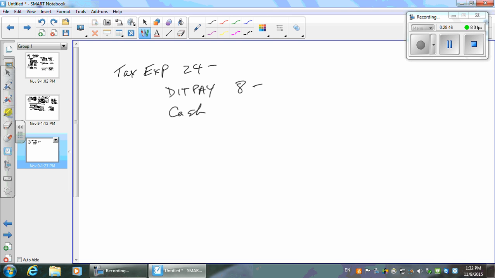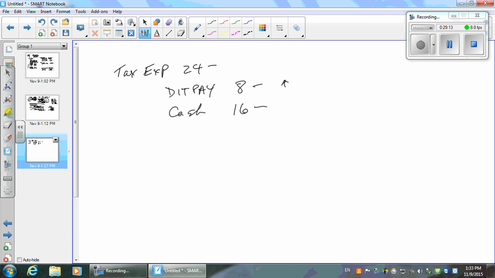If I put off paying till later, what was the tax on my tax return, which is the tax I'm going to pay? How much was it? 16. You guys stay with me pretty good? That's what's going on. If deferred income tax payable goes up, it means I paid less than my tax expense.